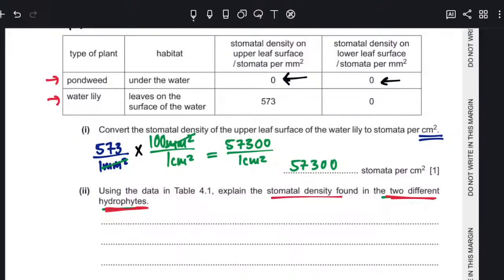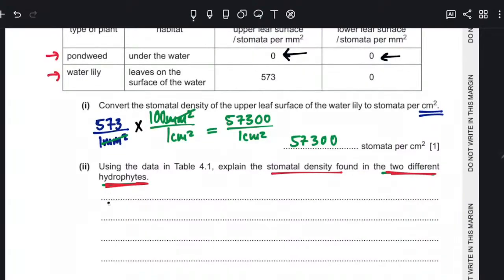Do you understand this? Students, why is that? You will write: pond weeds are under the water. Pond weeds are under the water. Write this.